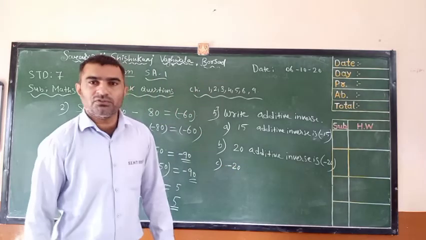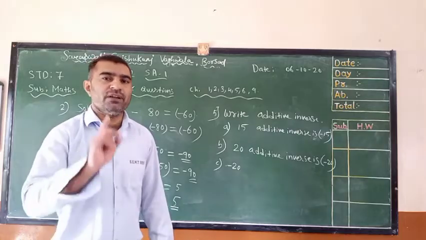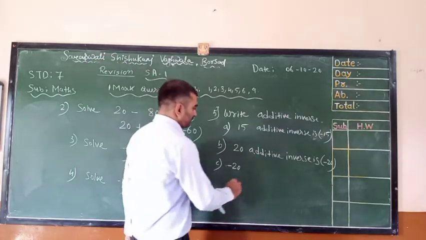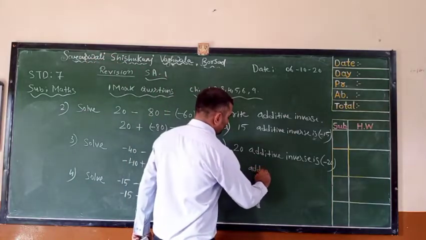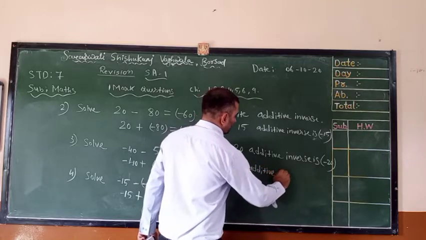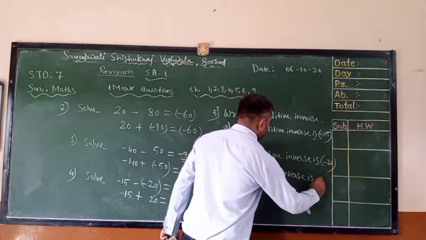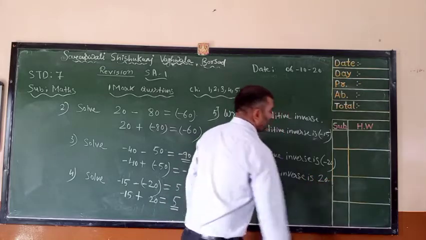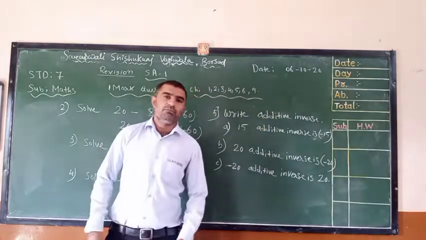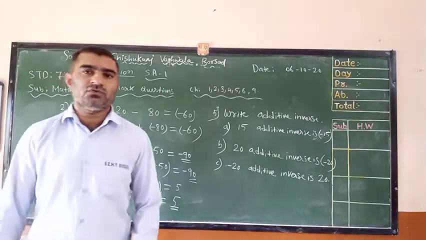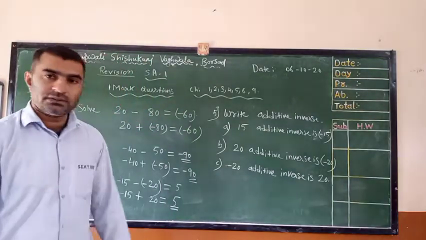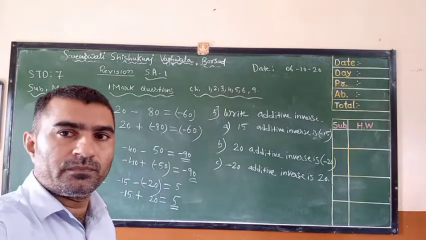So the additive inverse of minus 20 will be plus 20. We have to just change the sign. The additive inverse of 20 is minus 20 and the additive inverse of minus 20 is plus 20.